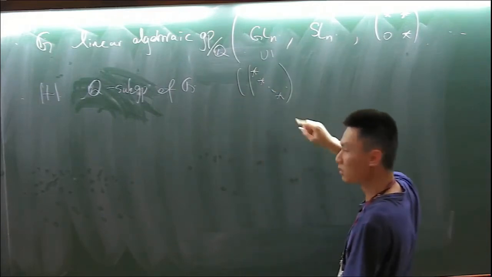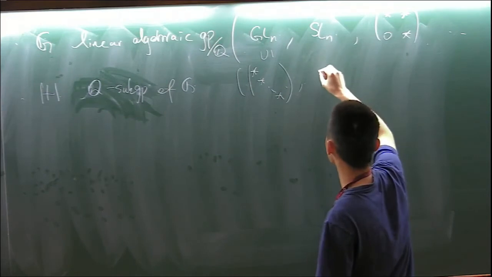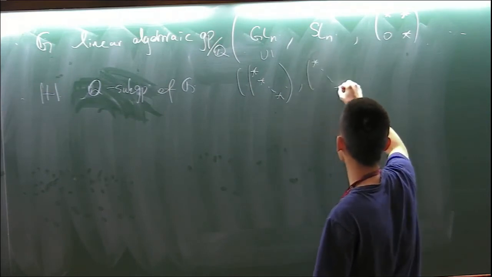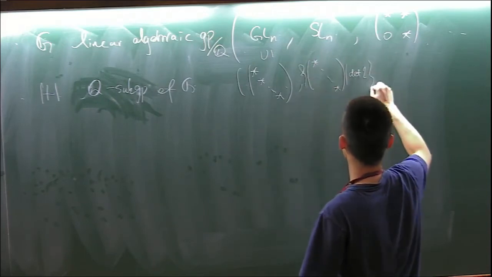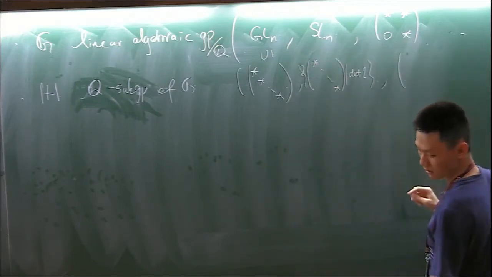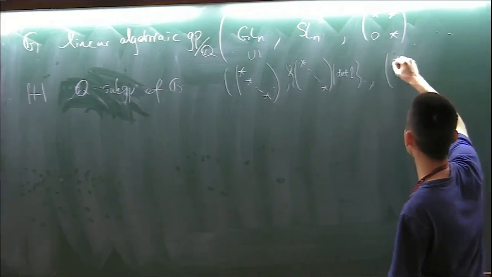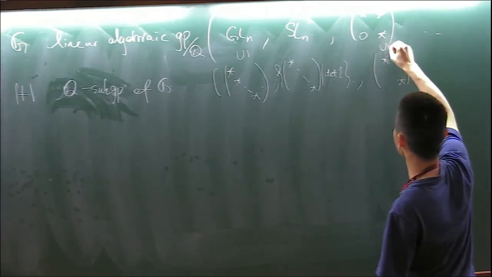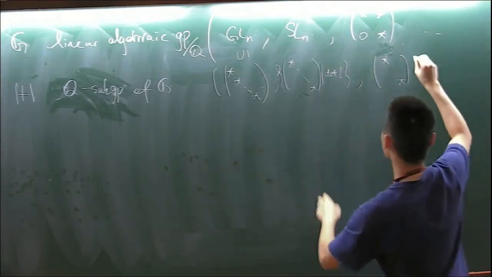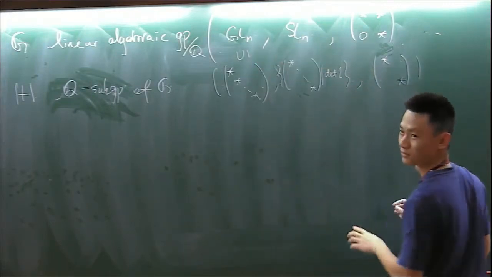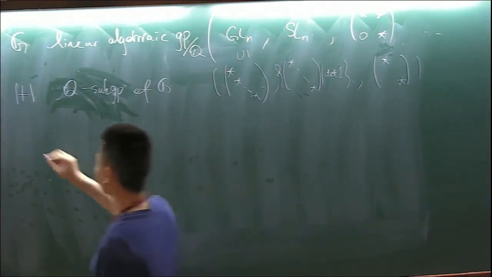And here you can take the same thing, but with determinant equal to 1. And here you can take the diagonal group. I'm writing this in the correct order so that H is contained in the one above. Make sense? Those are examples.